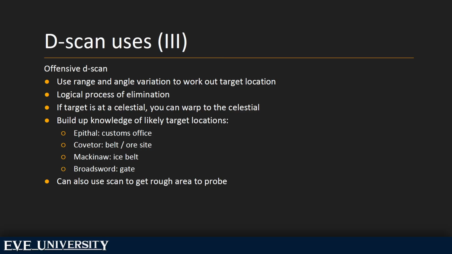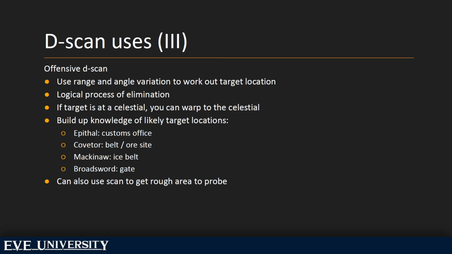Mining barges typically will be at the mining anomalies or at the asteroid belts. So if you see on the D-scan, let's say, Covetor or Makinov, the first thing that you want to double check with short angle D-scan is the mining anomalies that are present in the system and asteroid belts.